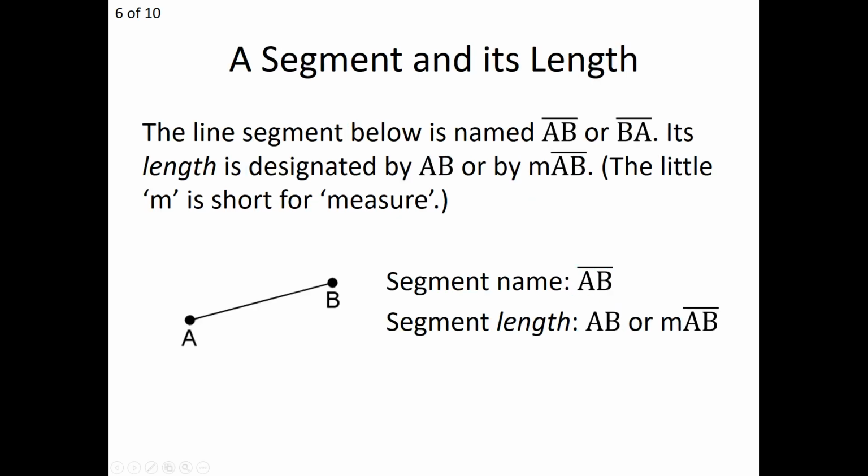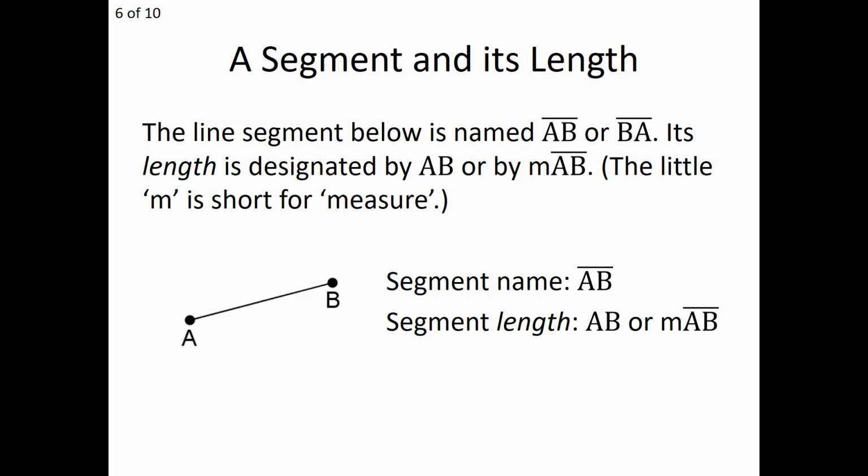Now, I'm going to make a pretty bold statement, and I'm going to back it up later in another lesson in this chapter. When we talk about a line segment, remember, a line segment is two points on a line and all the points between them. When we give that line segment a name, we can either just say line segment followed by the two letters of the endpoints, so in this case, line segment AB, or I can place a little bar over top of it.